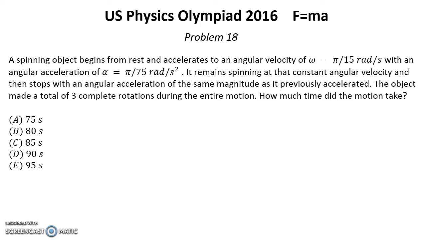It remains spinning at that constant angular velocity and then stops with an angular acceleration of the same magnitude as it previously accelerated. The object made a total of 3 complete rotations during the entire motion. How much time did the motion take?